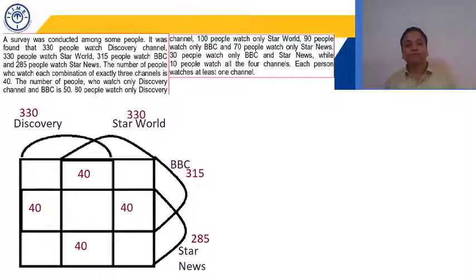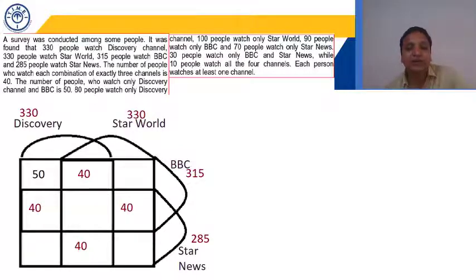Moving further, the number of people who watch only Discovery Channel and BBC, that means the region which comes exactly under Discovery and BBC, outside Star World, outside Star News, is 50.